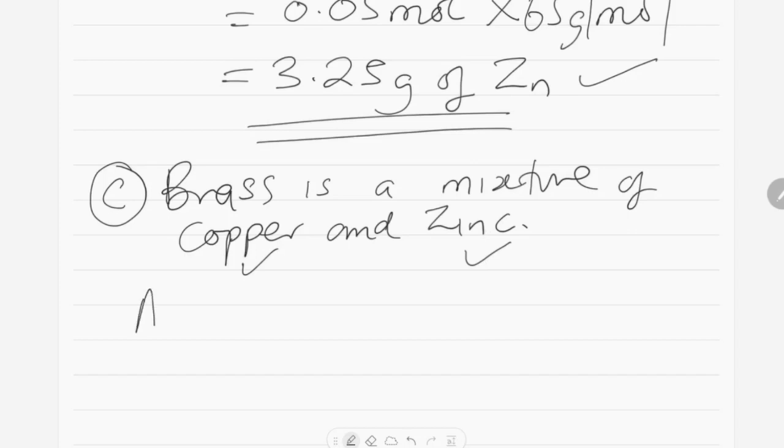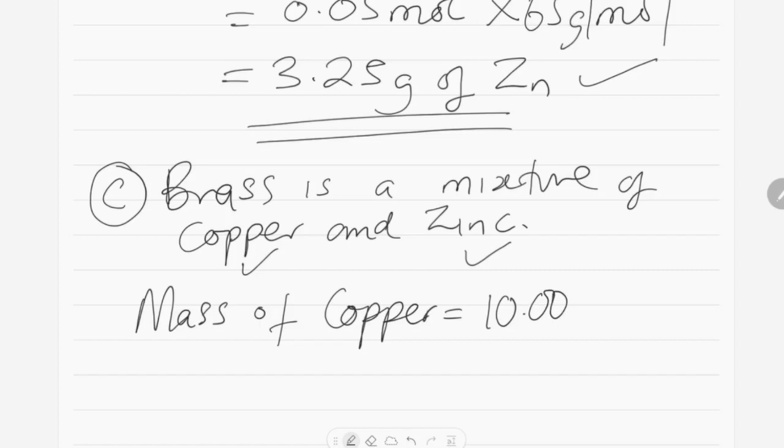So mass of copper is equal to 10.00 grams for the sample of brass minus the mass of zinc, which is 3.25 grams. So we get the mass of copper as 6.75.